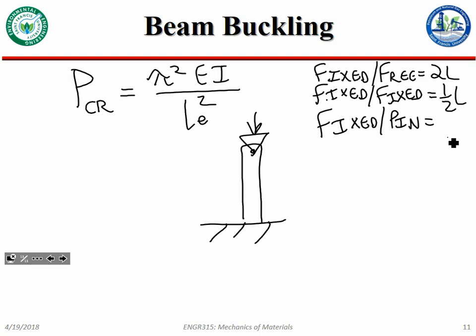But unfortunately, try to hold yourself in. We're not going to solve one today. It works out that the effective length for that is square root of 2 over 2 of the original length, so like 0.707. So you might think of this being less susceptible to buckling than the fixed case, and so on and so forth.